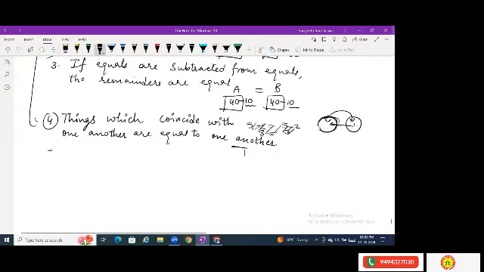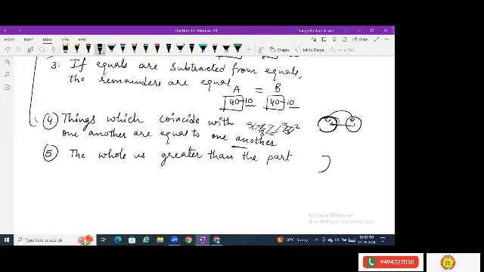Now, fifth postulate is that the whole is greater than the part. We all know that the whole is greater than the part. Yes, ma'am. Suppose I have an apple here, and somebody takes a bite of this.